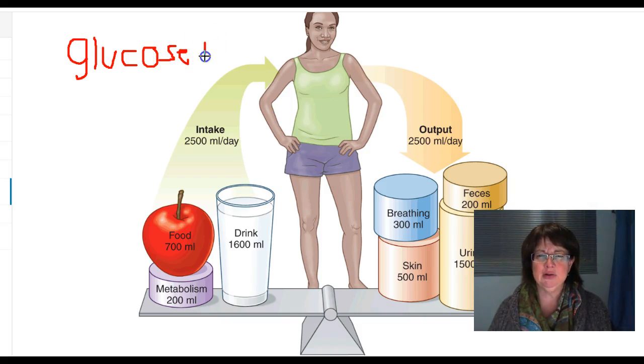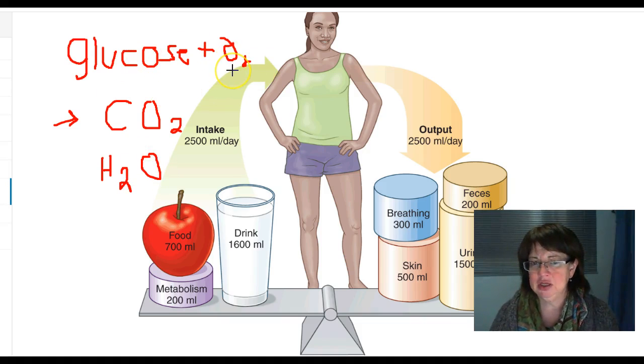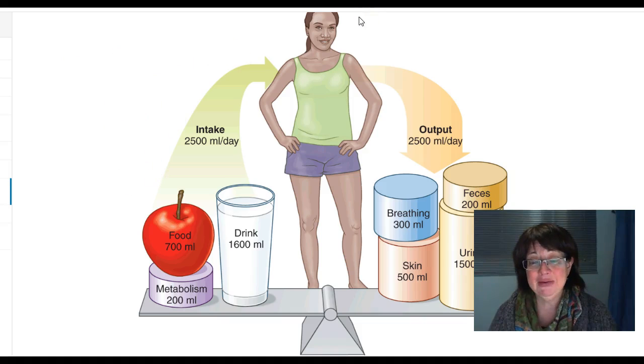If you remember, glucose plus oxygen produces carbon dioxide and water. So this is the water that comes from metabolism. As glucose is broken down, the hydrogen will bond with the oxygen and transfer it. So that's how you get water from metabolism. So that's how it goes in.